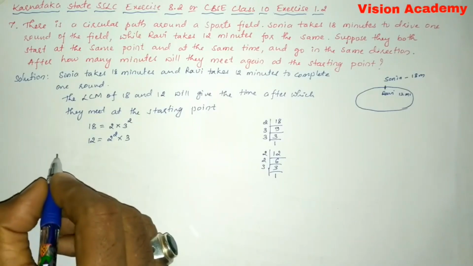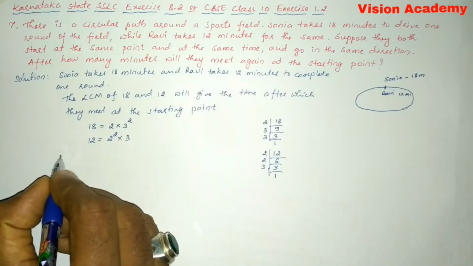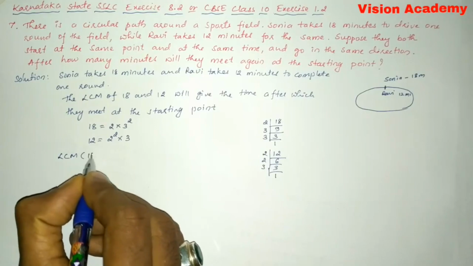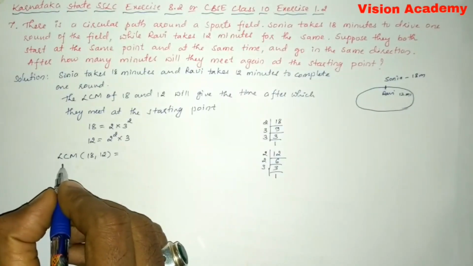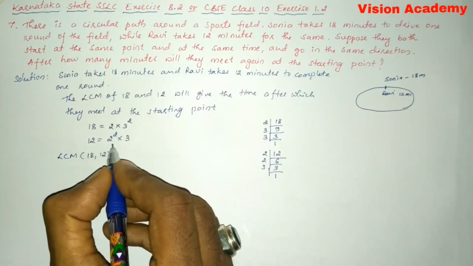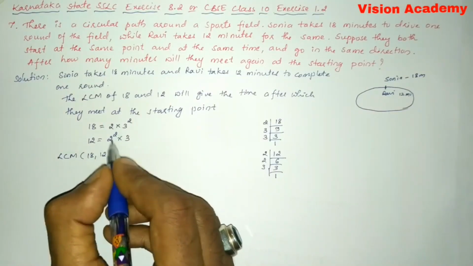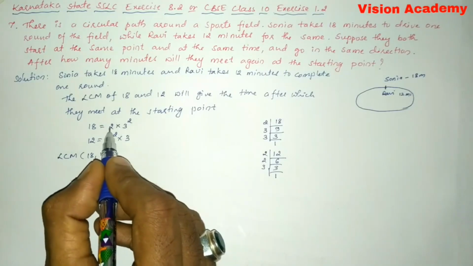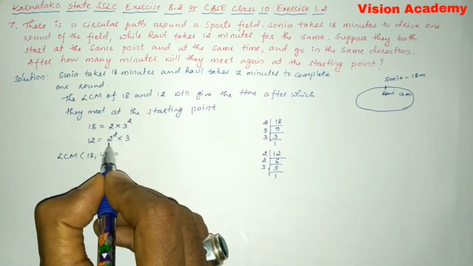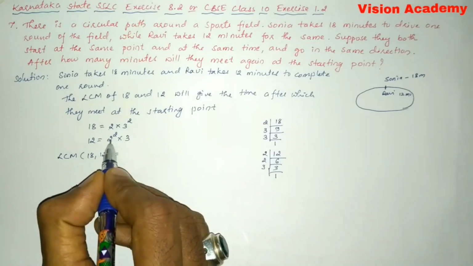Now we'll find the LCM. We'll write LCM of 18 and 12. As per the definition of LCM, it is the product of the highest powers of each factor in the given numbers. Here you can see 2 is present in both, but the highest power of 2 is 2 square.